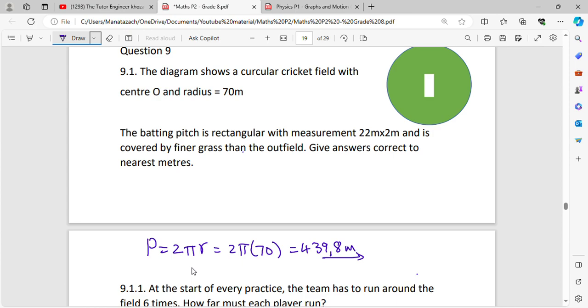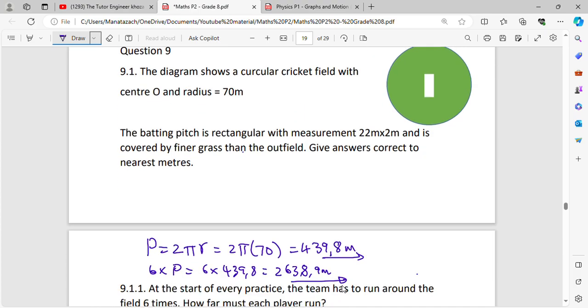And then since the team has to run 6 times around the field, we'll multiply the perimeter by 6, which will give us 2638.9 meters. This is how much they'll have to run, about 2.6 kilometers or so.